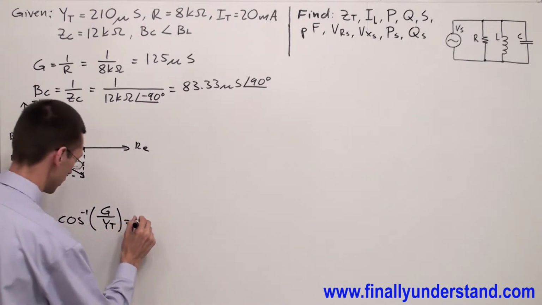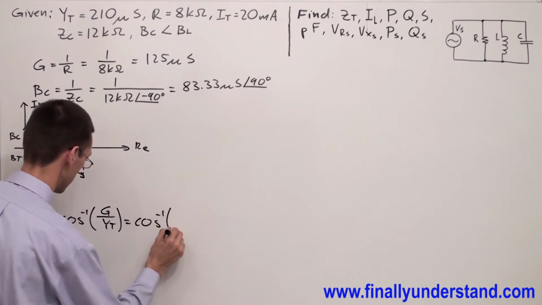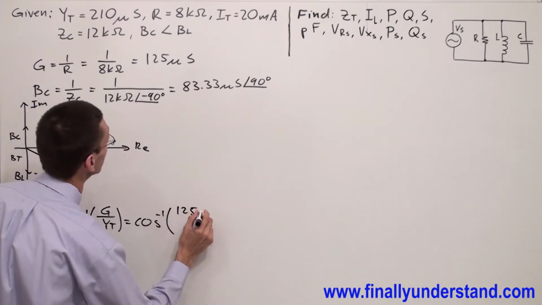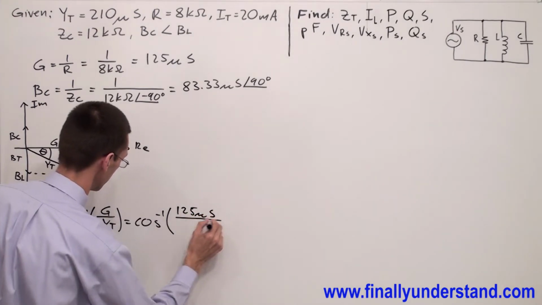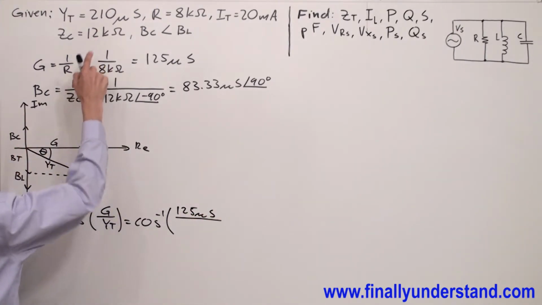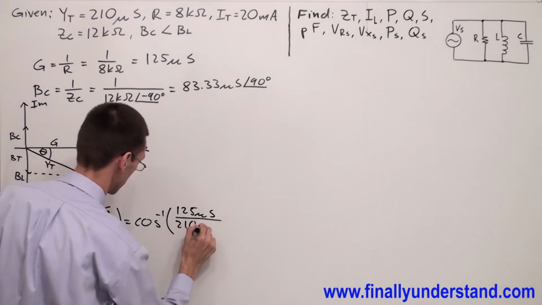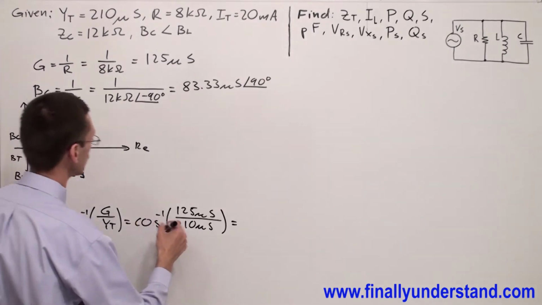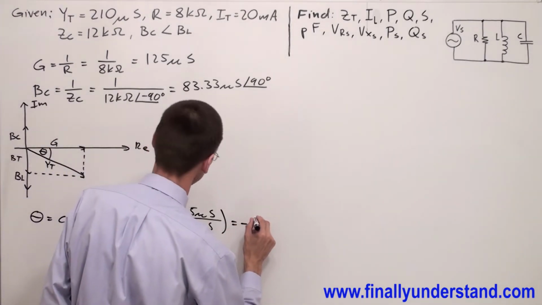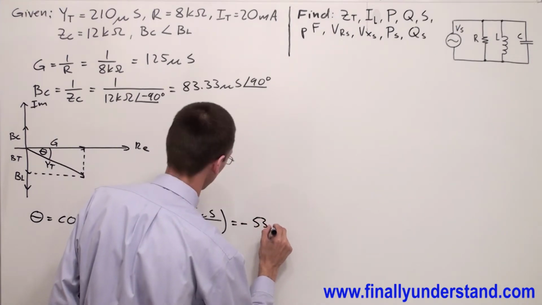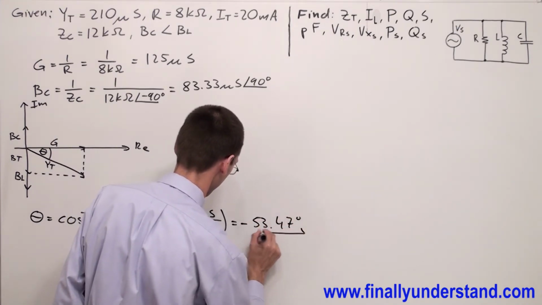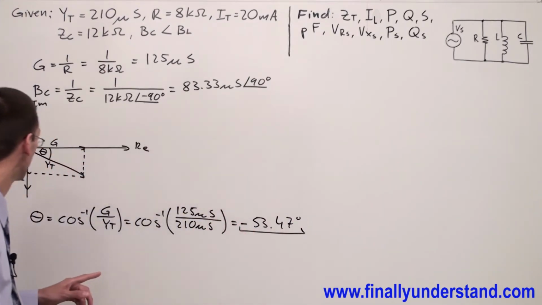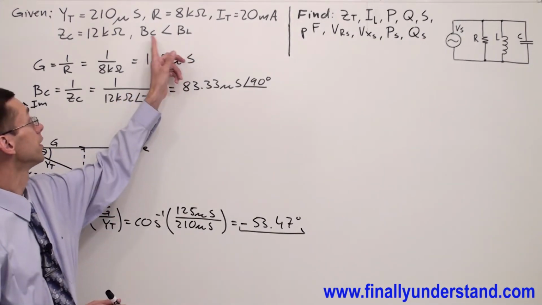So I have inverse cosine, and we found G is equal to 125 microsiemens over Y total, which is given as 210 microsiemens. And if you perform the calculations, you're supposed to obtain the angle negative 53.47 degrees. Okay, again, we have negative sign because BL is greater than BC.